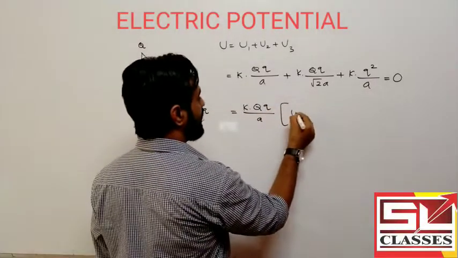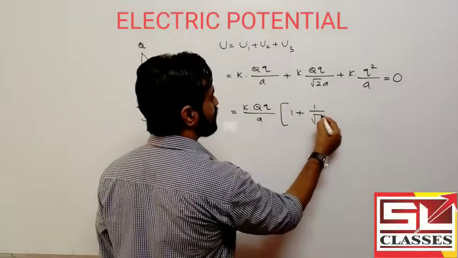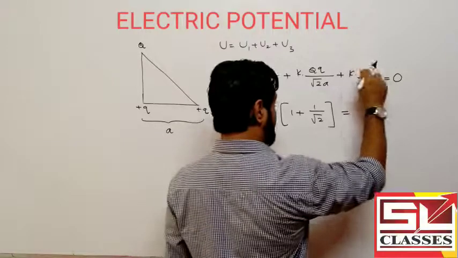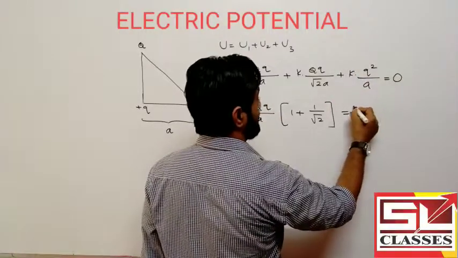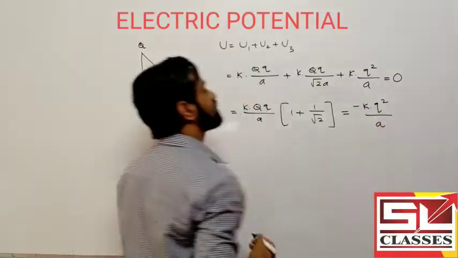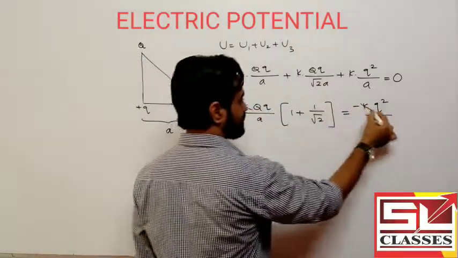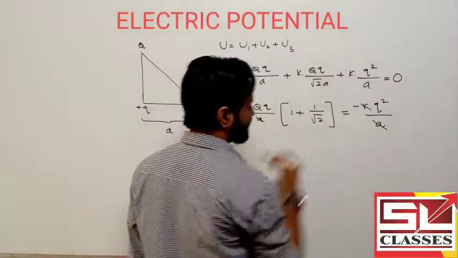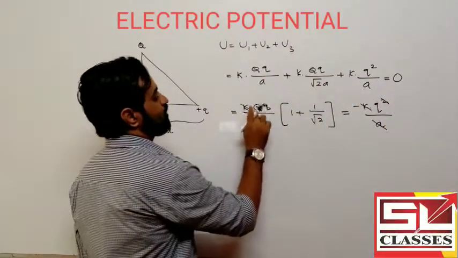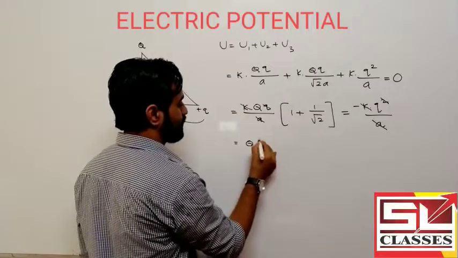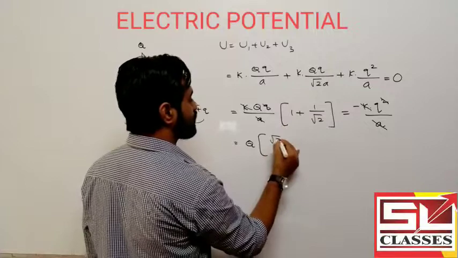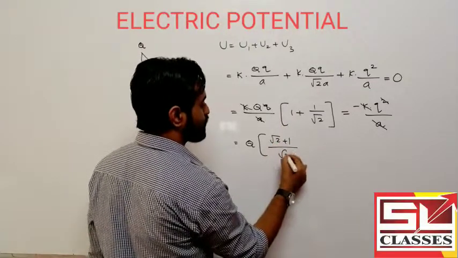What remains? 1 plus 1 by root 2 is equal to, take the third term to the other side, you will get minus K q square by A. So we can cancel this K, cancel A from both sides. We can also cancel a q from both sides. Now we have to find this Q. So this is equal to Q into, when we take the LCM, what do we get? Root 2 plus 1 by root 2.